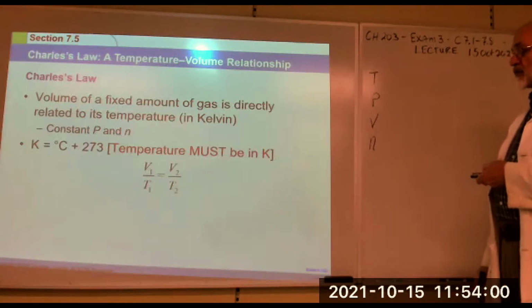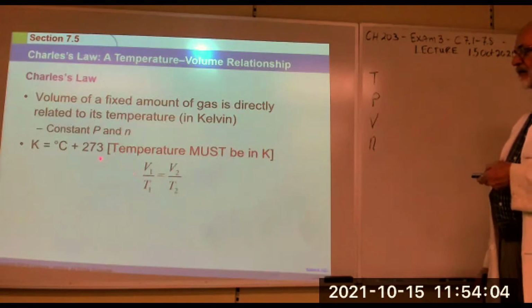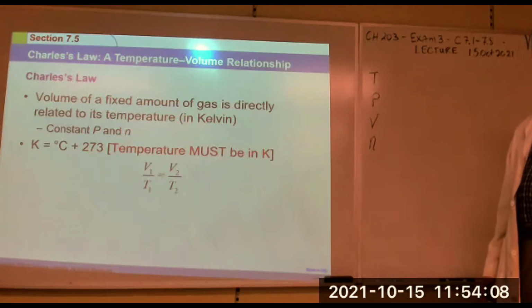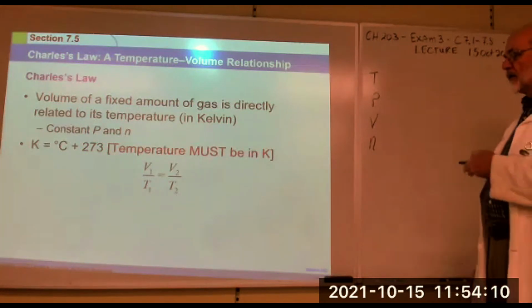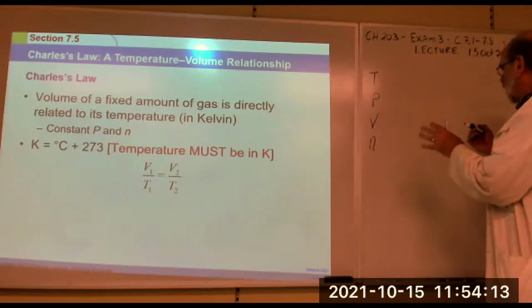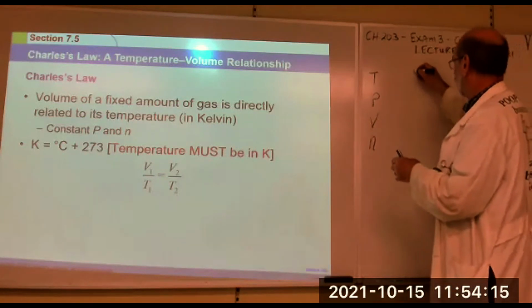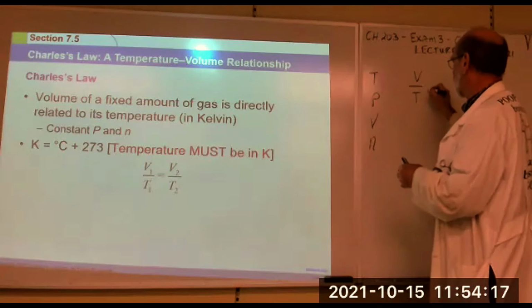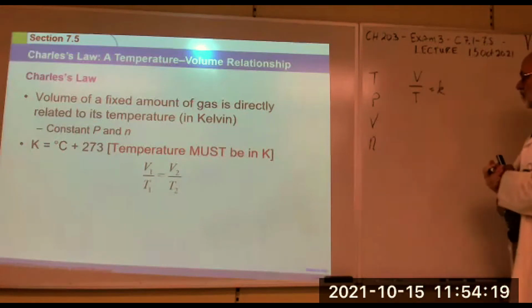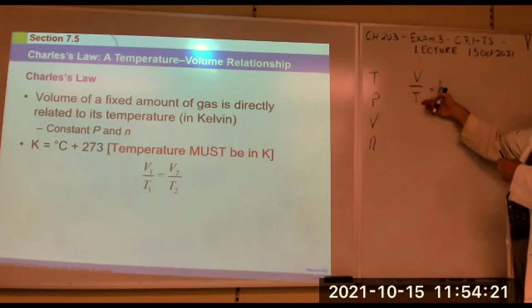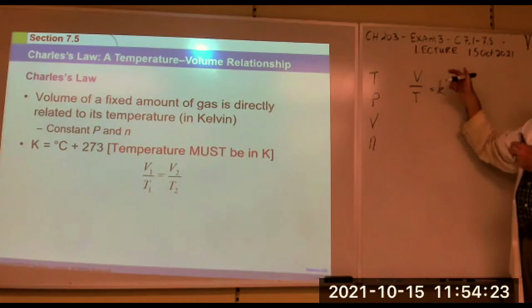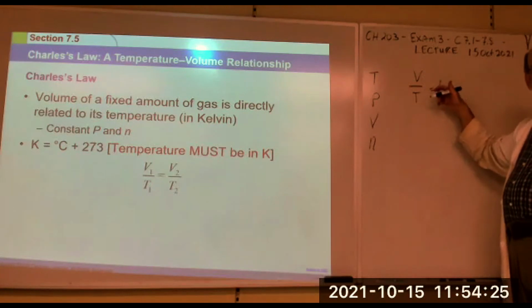So once the temperature scales were finalized, and that also included the development of the Kelvin temperature system, we noticed that this volume-temperature relationship is always constant. So as the temperature goes up, the volume goes up. It's that expansion of the gas.